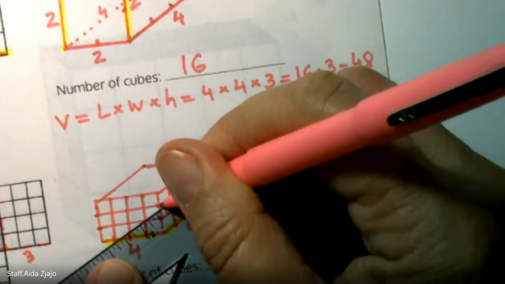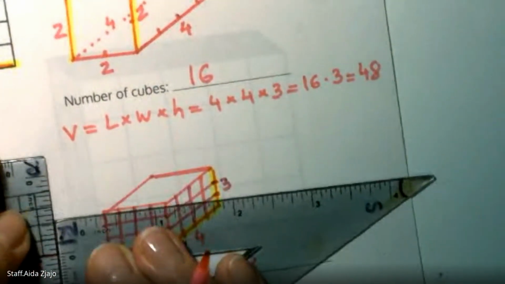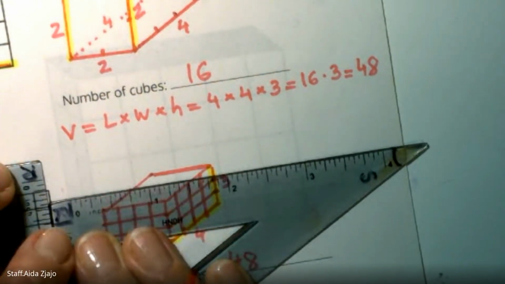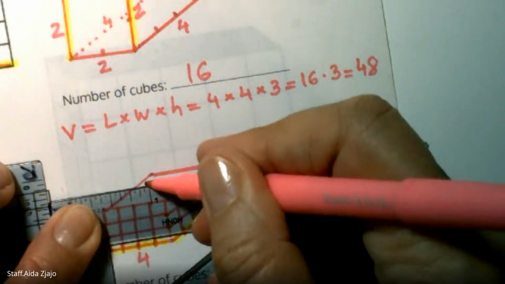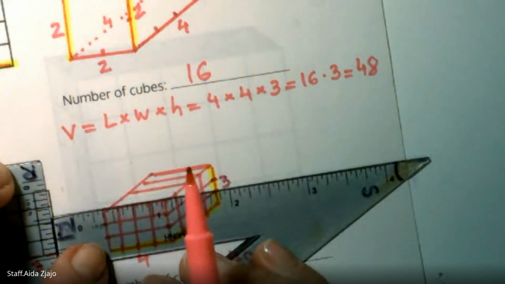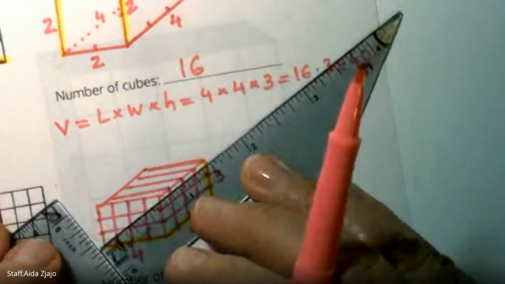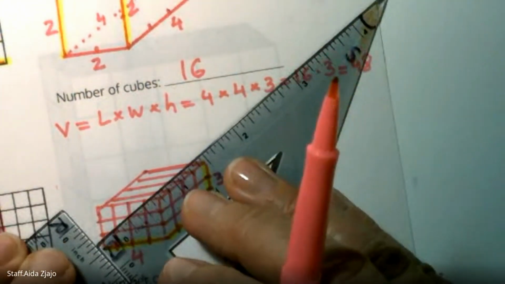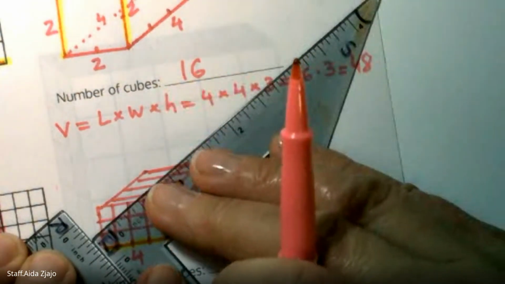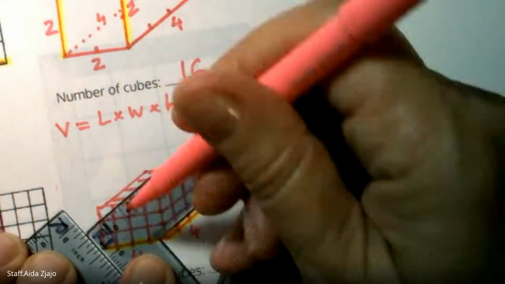Okay, now I'm going to connect this, and then only what I have left is to do the top. Okay, so 1, 2, 3 lines, 4 spaces, and then also here, 1, 2, 3.